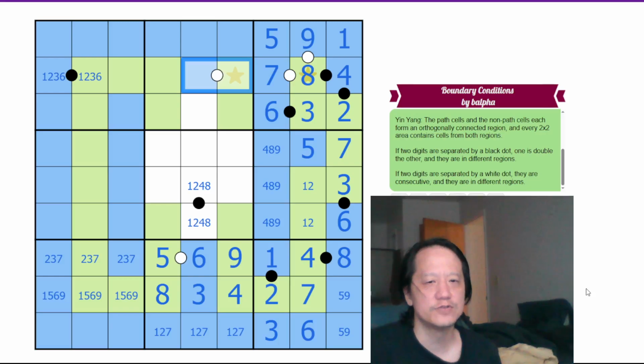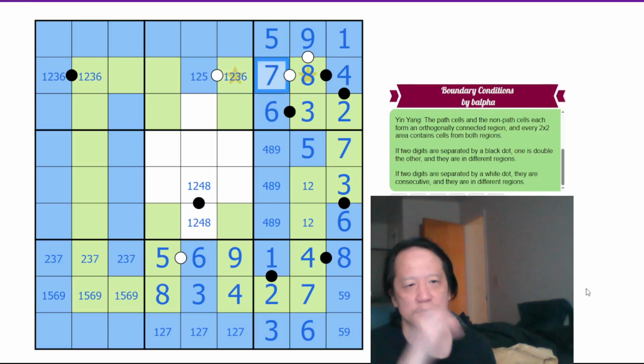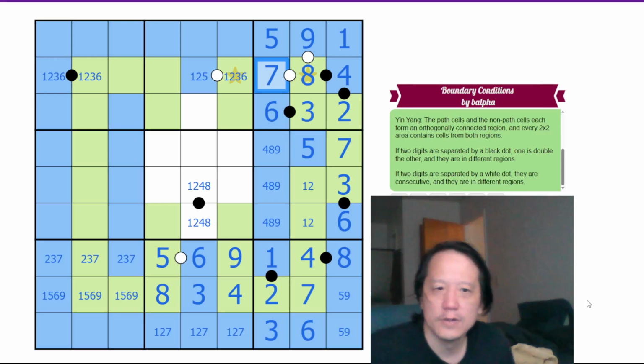So you could have 2 with 1 or 3, and this can't be 3 because of 3 in the column. You could have 5 and 6, as long as this is 6 and that's 5. And we don't have 7, 8, so 9 is not possible. So these are the only possibilities. Okay.